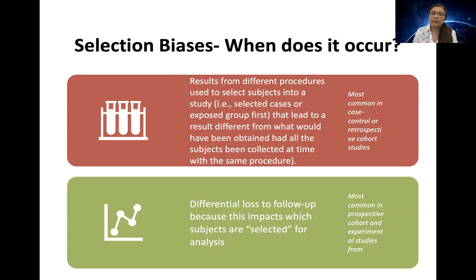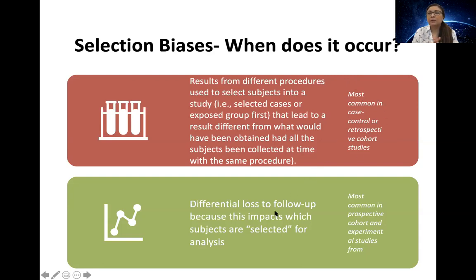What happens with these is that they differ a little bit with the design type. That's why I'm going to talk to you first about case control selection bias and then cohort study selection bias. In a cohort study, or an experimental study, my apologies, the way we select participants is actually more specific to case control and retrospective, which I made a note of here.